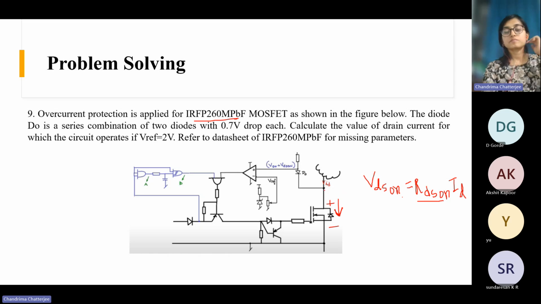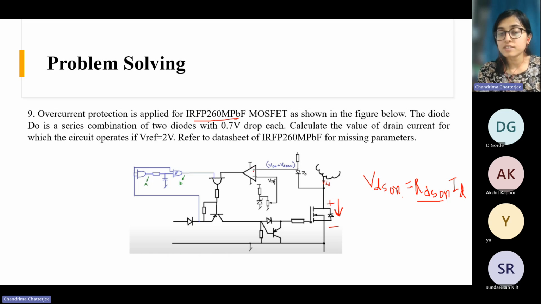Now suppose you want to limit the current up to a particular value, and after that value, if current further increases, then you want to withdraw the gate pulse so that the switch is off. That is a protection feature. How will you do that? Here, from this point, this diode is connected like this, and here this is a comparator.